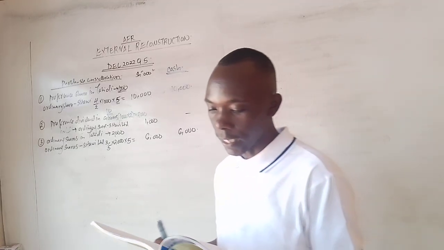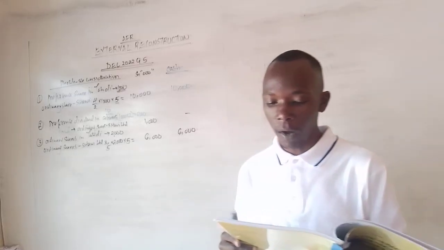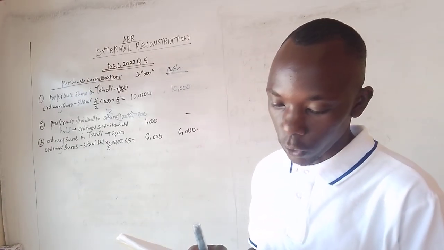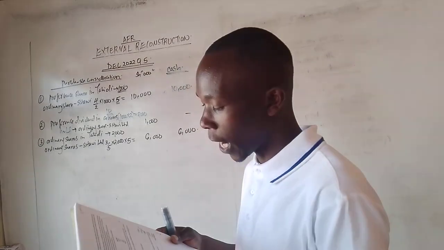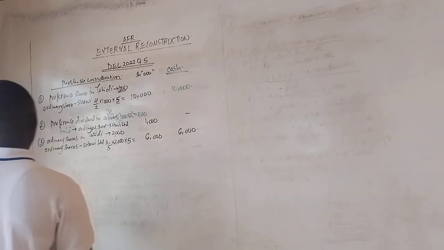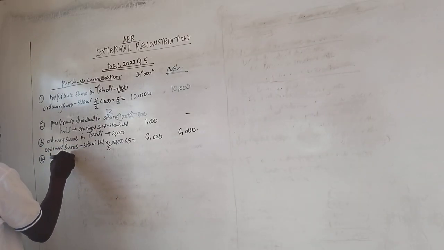Number 8, you are told that the intangible assets were taken over by Starway Limited at their fair values as follows. Then number 9, you are told that the liquidation expense of Tahiti Limited amounted to shillings 6 million and was settled by Starway Limited. So this one, we talk about it.